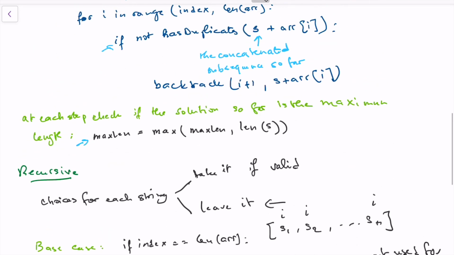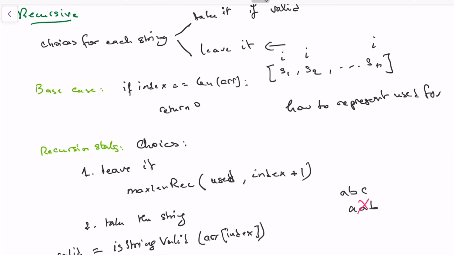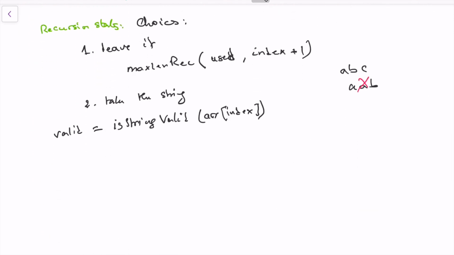So that's one of the conditions. The second condition we said is that it has to be valid with the previous representation, which is used. For that, we need to check, maybe let's just put a function for now, has no duplicates with the characters used so far.